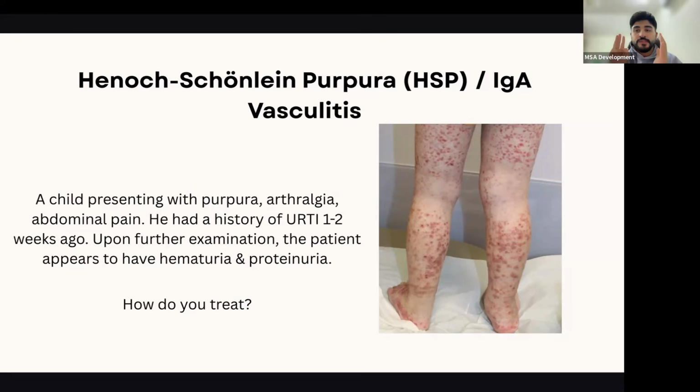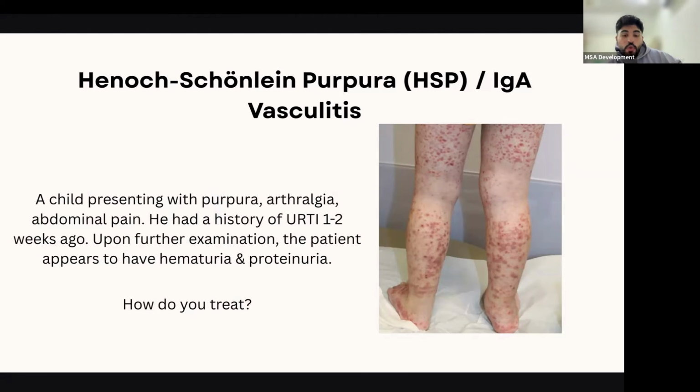The minute you see joint pain, abdominal pain, and purpura in a child, this is your takeaway. It's going to be IgA vasculitis. Okay, so this usually IgA vasculitis is preceded by an upper respiratory tract infection that usually happens a week to 2 in advance.